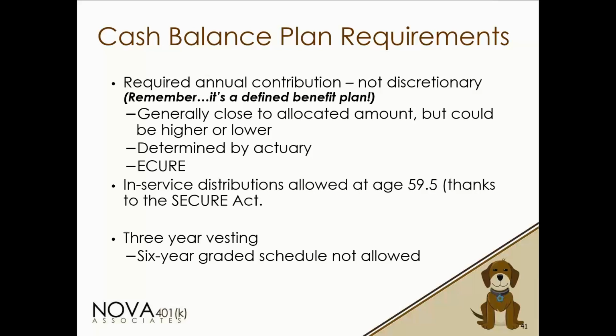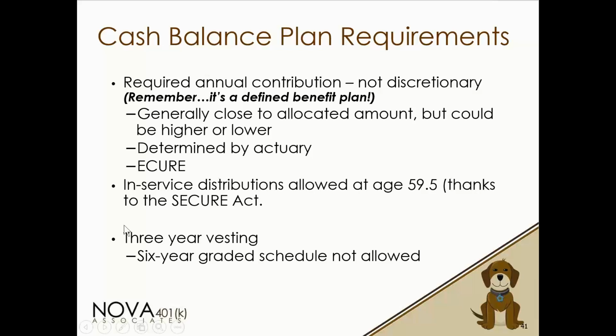The plan had been in place 10 years, and a lot of those partners had $2 million balances, and they wanted to invest the money in some different fashion other than what was in the cash balance plan. So they put in an in-service distribution and then rolled the money into an IRA, and then they could invest the money with their advisors however they saw fit. So sometimes in partnership plans, this would be a desirable plan provision.